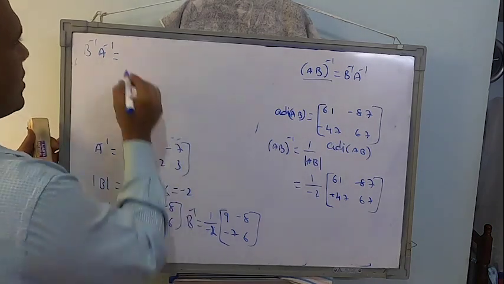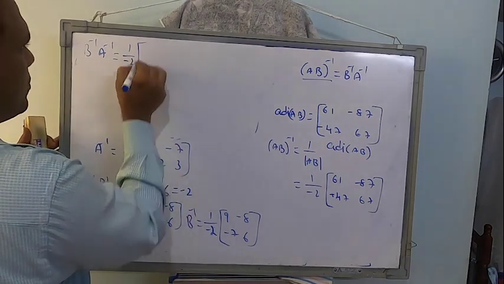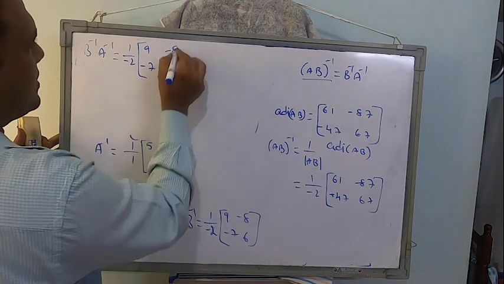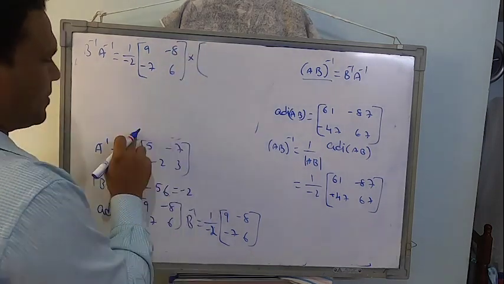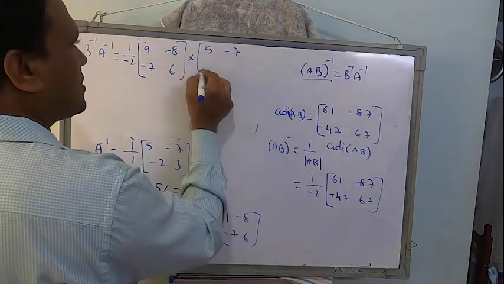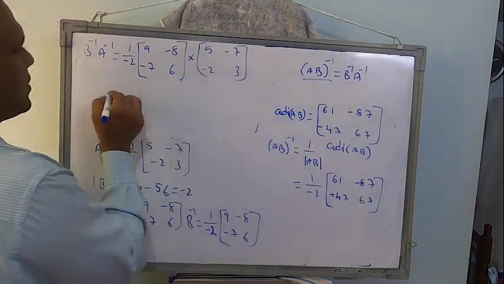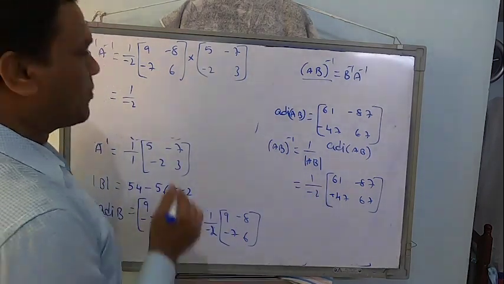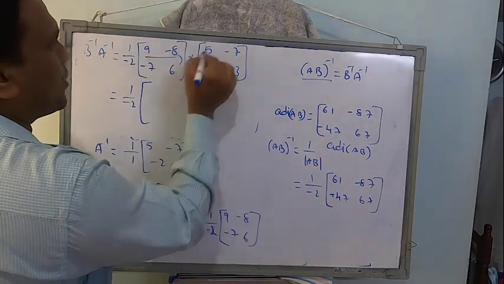So B inverse is 1 by minus 2 multiplied by 9 minus 8 minus 7, 6 multiplied by, see, 1 by 1 is 1 itself, so I just need to take this matrix, 5 minus 7 minus 2, 3. So let's keep 1 by minus 2 as it is, because this is what is required for me. So let us go for the product.